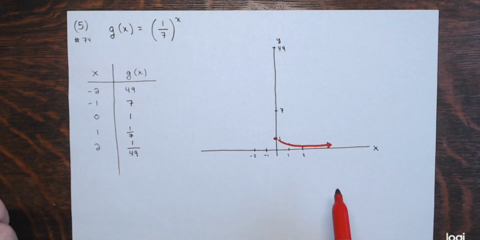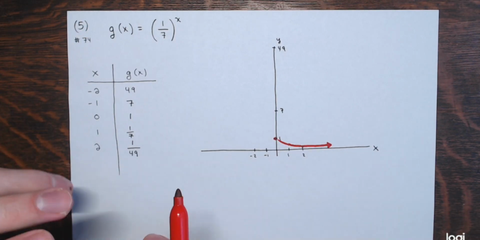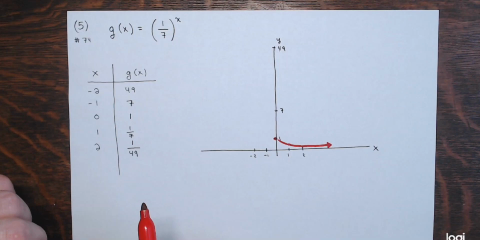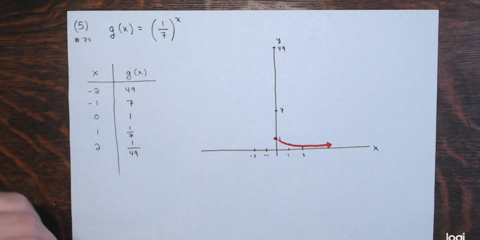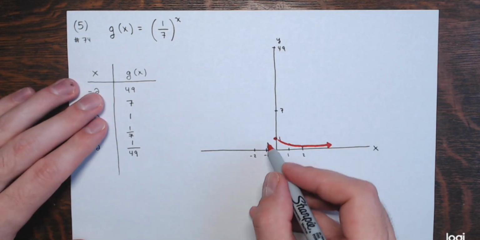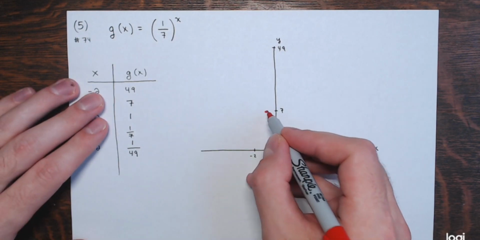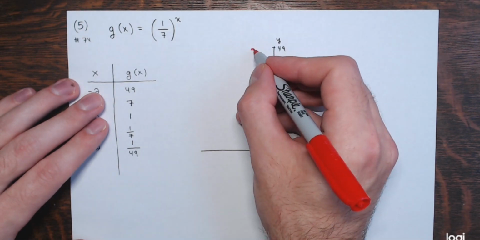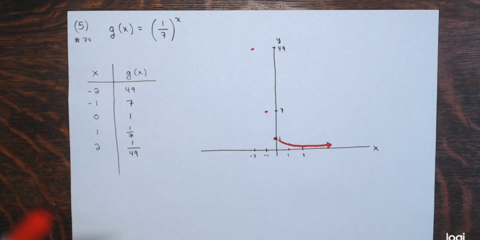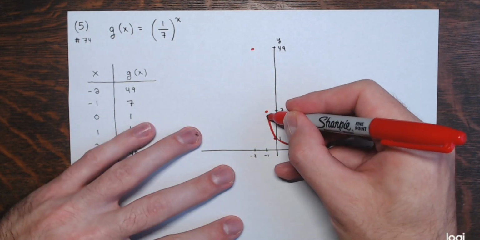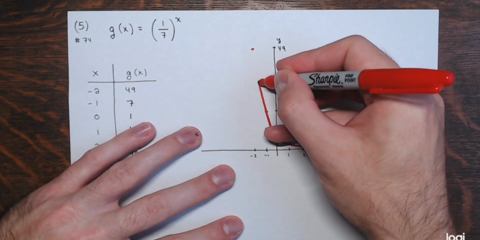So it'll get as close to the x-axis as you wish, but never actually touch it. So yet again, we have the x-axis as a horizontal asymptote. Then -1 gives me an output of 7, and -2 an output of 49, and you see that as I go to the left, it increases quite rapidly. Again, this is a very, very rough sketch. Something like that.